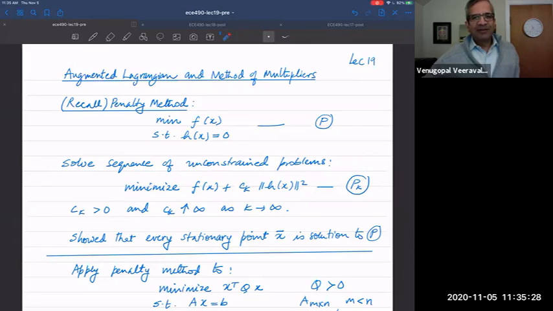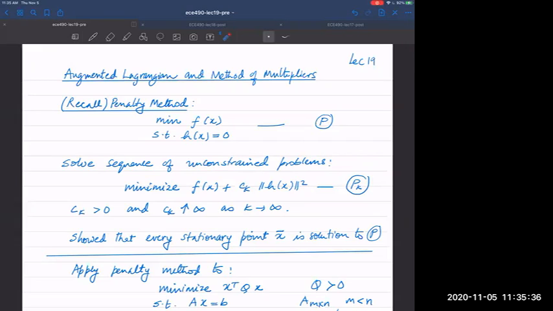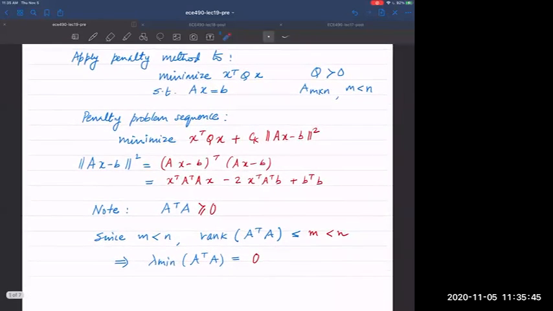I think I got lost after you said we established that the Lagrangian of x star, lambda star, mu star is a local min. Could you go over again why we want a lambda close to lambda star?